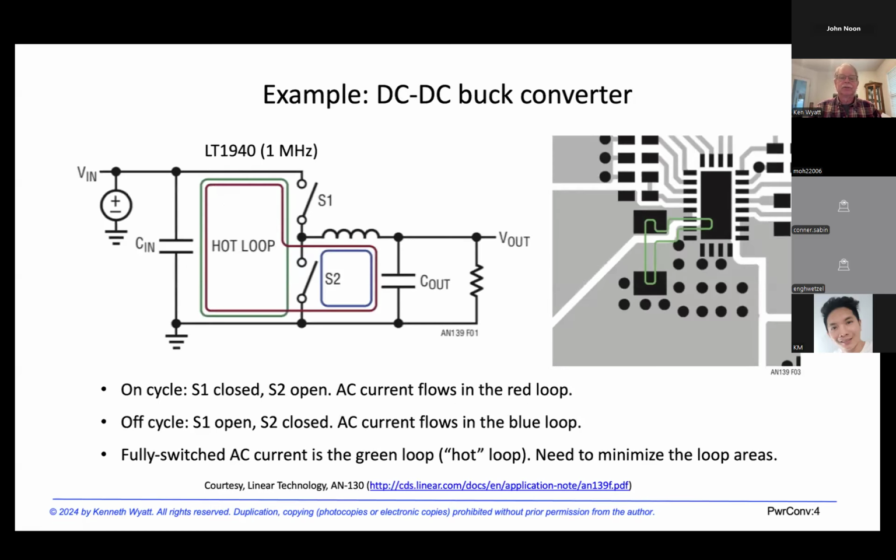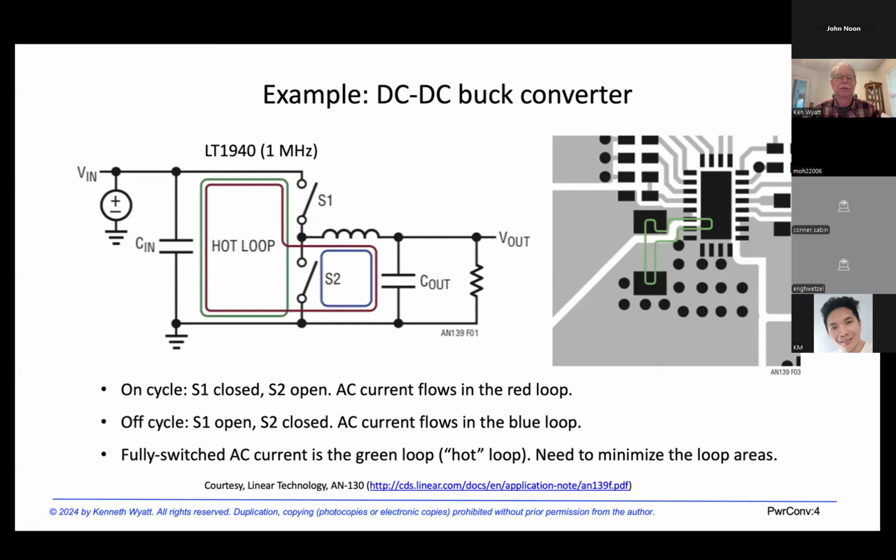So let's just look at a simple DC to DC buck converter. On the left, you've got a current loop between the input capacitance and the switches. On the right, you have a current loop through the inductor and the output capacitor.